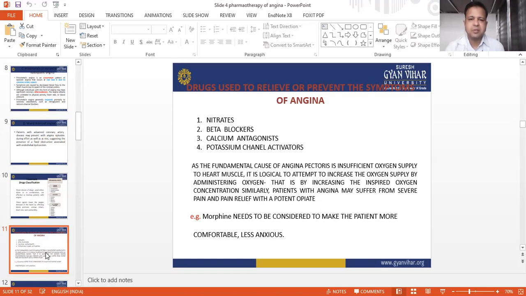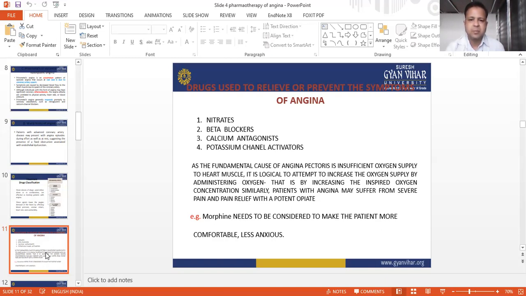As the fundamental cause of angina pectoris is insufficient oxygen supply to the heart muscle, it is logical to attempt to increase the oxygen supply by administering oxygen, that is, by increasing the inspired oxygen concentration.